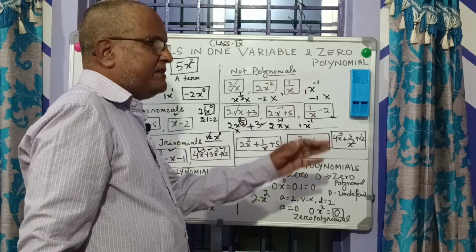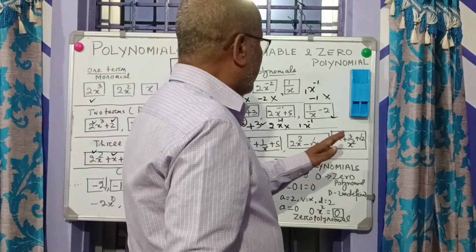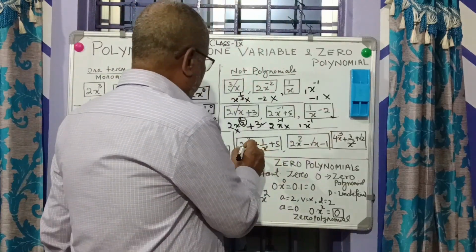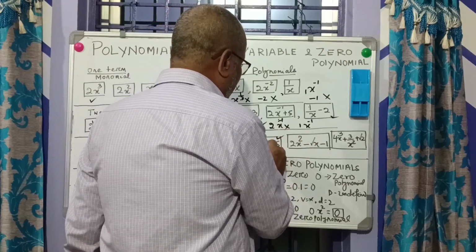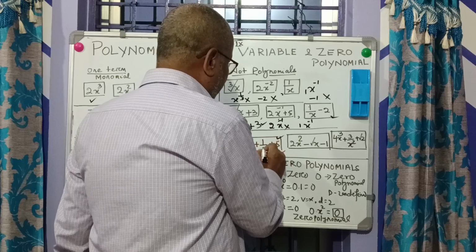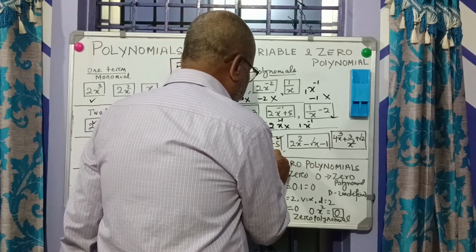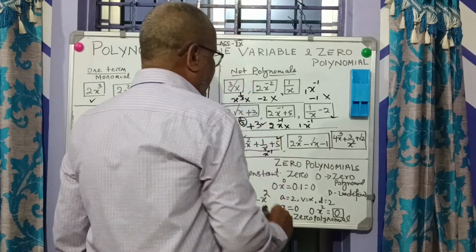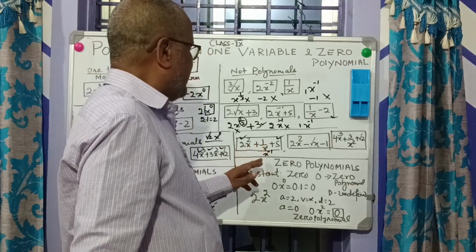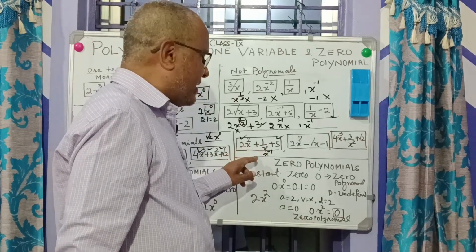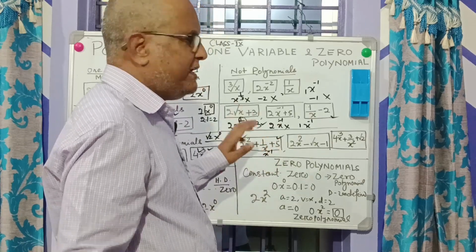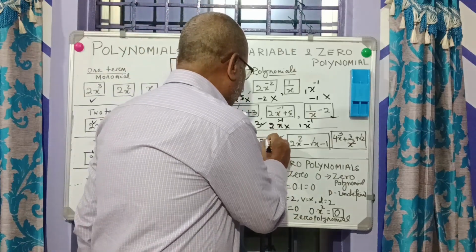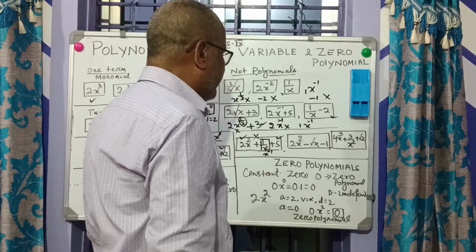Now look at the right side. These are not polynomials. Why? So you see, this satisfies, and 5 is a polynomial. But here, 1 by x is x minus 1. So here the variable is x, coefficient 1, but the degree, or the exponent, is minus 1, a negative integer, it doesn't satisfy. So it is not a polynomial.